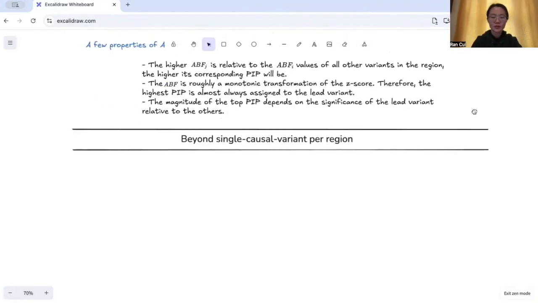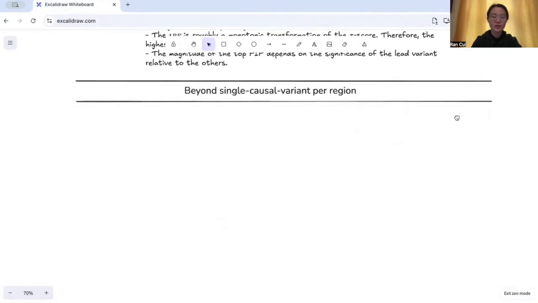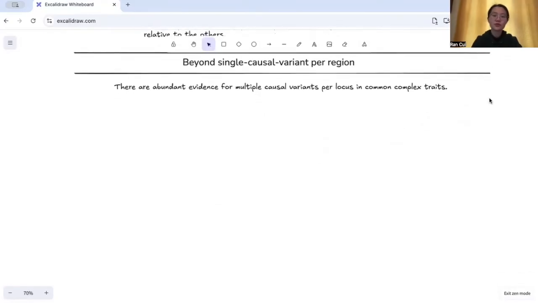But at this point, you might be questioning the assumption of ABF. There is a lot of evidence for multiple causal variants per region, though, especially for common complex traits. So you might be worried that ABF is not getting at a lot of the variants. What if the top variant is a false positive? Those are very legitimate concerns, and researchers have spent years trying to solve those problems.